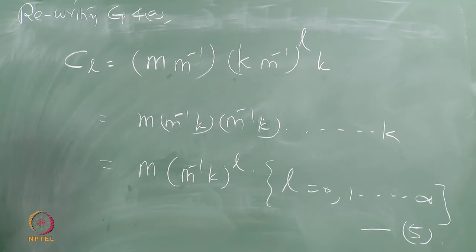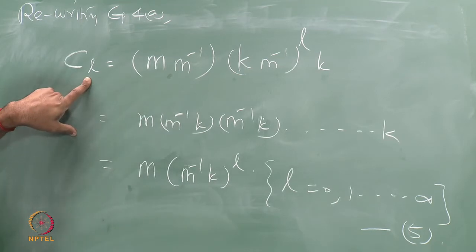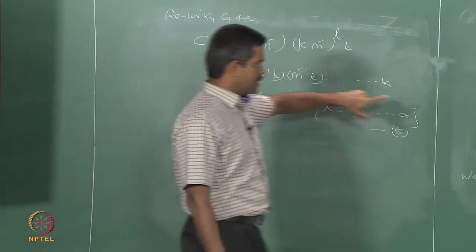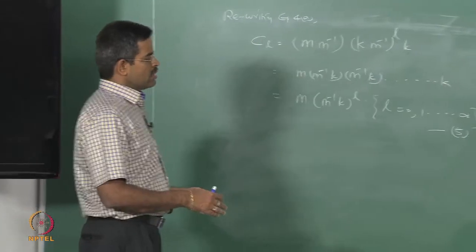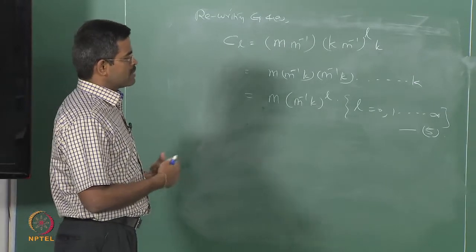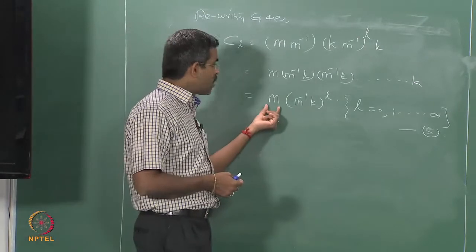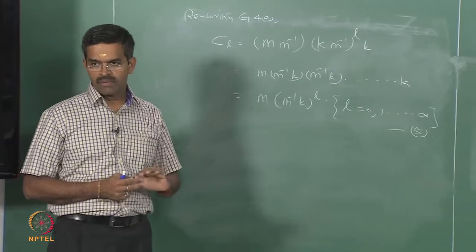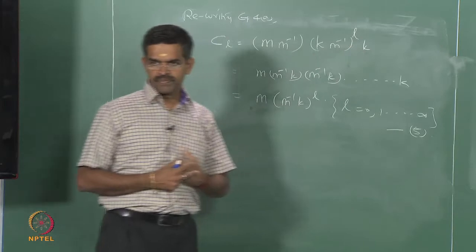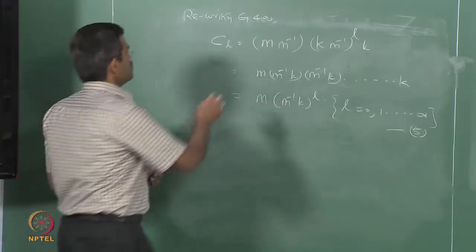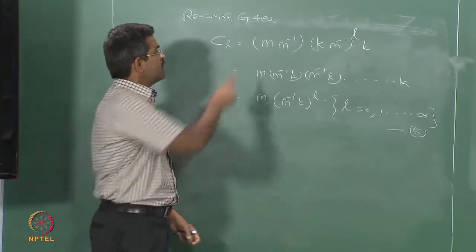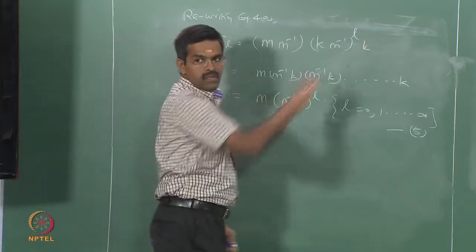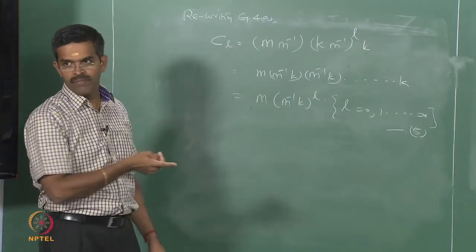So, if you look at the difference between equation number 4a and 5, we are working again on the coefficient C L, which is derived from the set of orthogonality relations, where 4a says C L is only L number of multipliers of k m inverse of k, whereas here there is an m multiplier also available, and the k is gone, because that is clubbed. One m from here and one k from here, you get L number of terms, and this m is here and that k goes away. So, it is rewritten now.